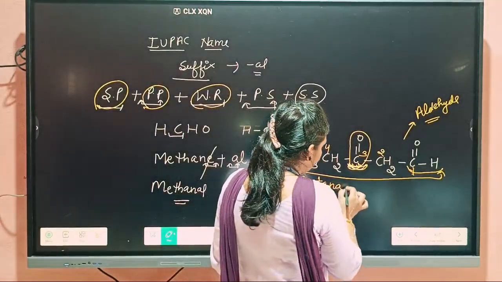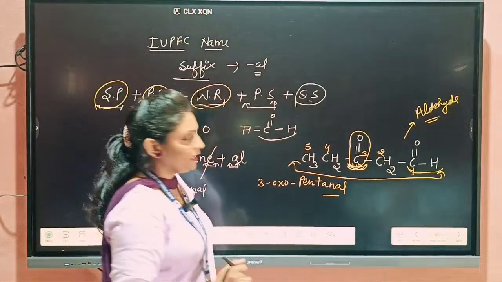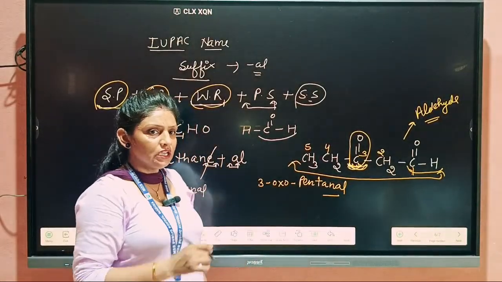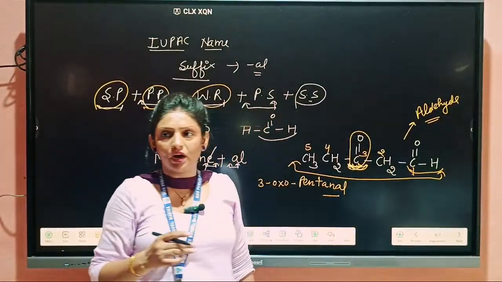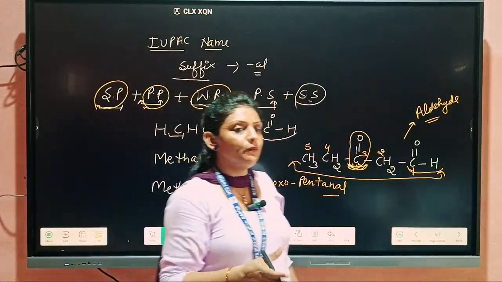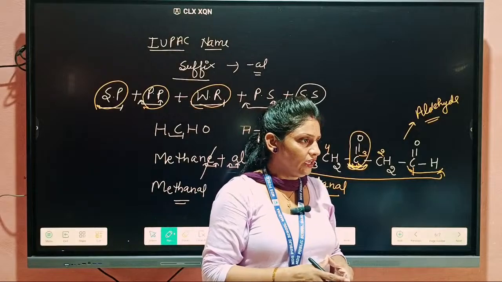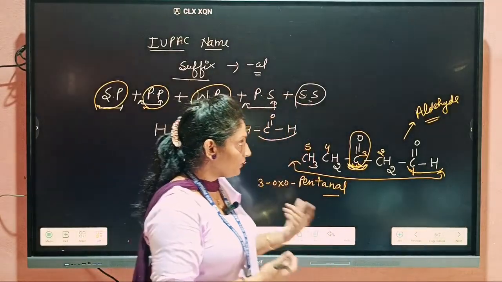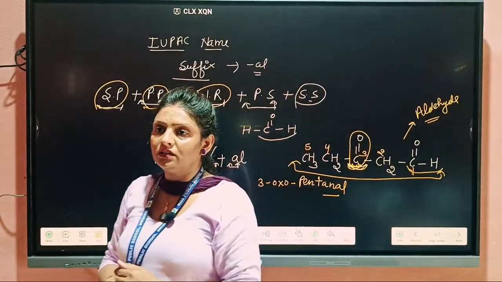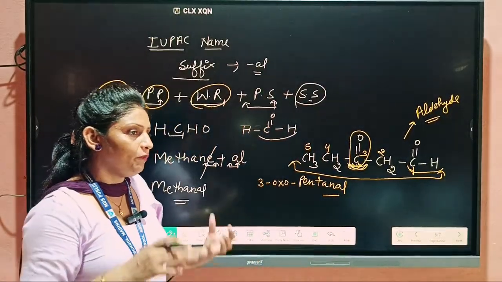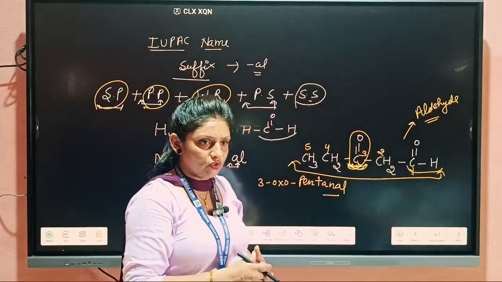So pentanal. 3-oxopentanal. This means if two or more functional groups are present in the same compound, then you will see the preference. One will be the preferential group and the other groups you will consider as secondary prefixes. Is it clear to you or not?